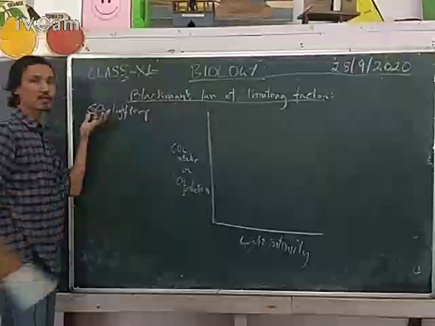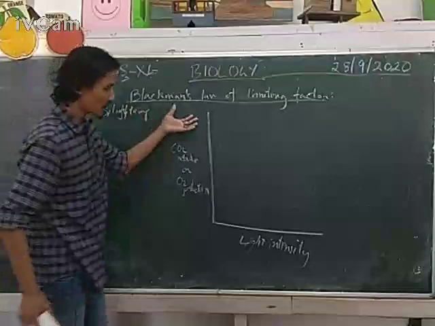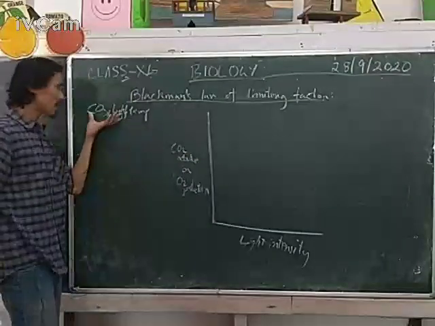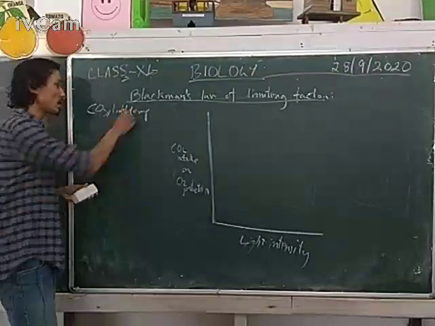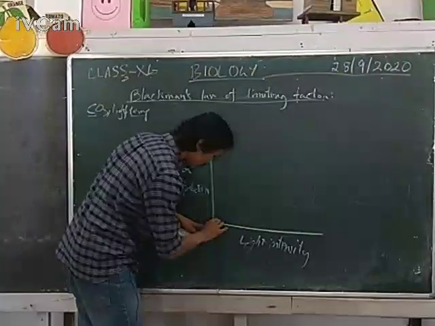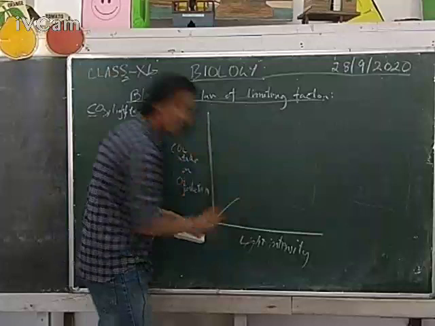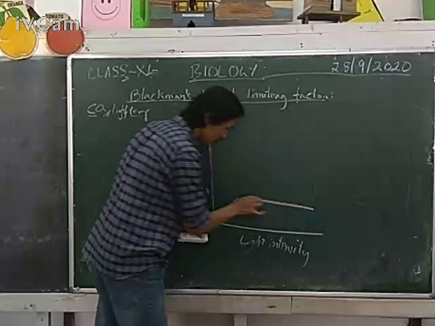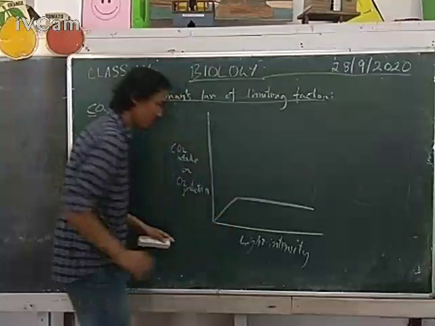Taking these three conditions into account, take a look at this simple graph. Carbon dioxide and temperature are constant. When you increase the light intensity, photosynthesis increases only up to a certain level. Then the process proceeds at the same rate.